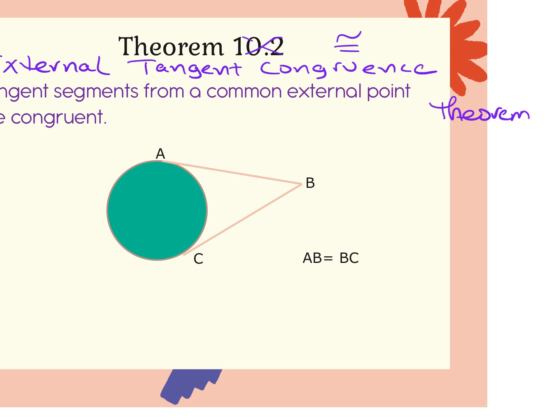What this one states is that tangent segments from a common external point are congruent. So my tangent segments in this picture are AB and BC, and their common external point is B. Because these tangent segments are coming from a common external point, AB is congruent to BC.